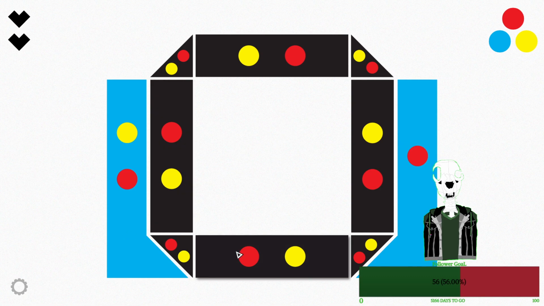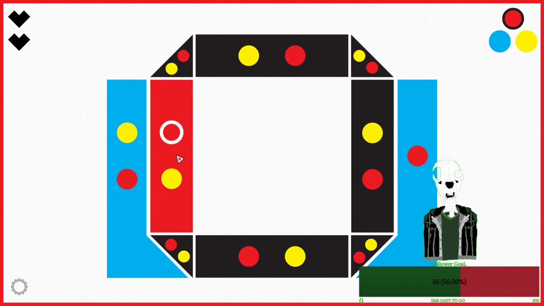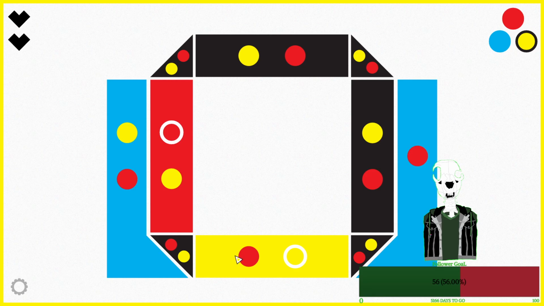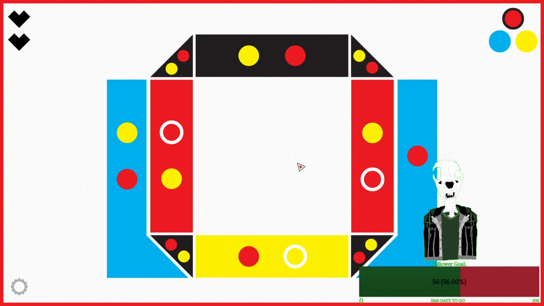Red, yellow, yellow. This would have to be red, which would satisfy this. This would have to be yellow, which would satisfy this. This would have to be red, which we already have established. I don't know. I guess I gotta go with it and hope that I'm right. Which I don't like to do in puzzles, but sometimes you just gotta.